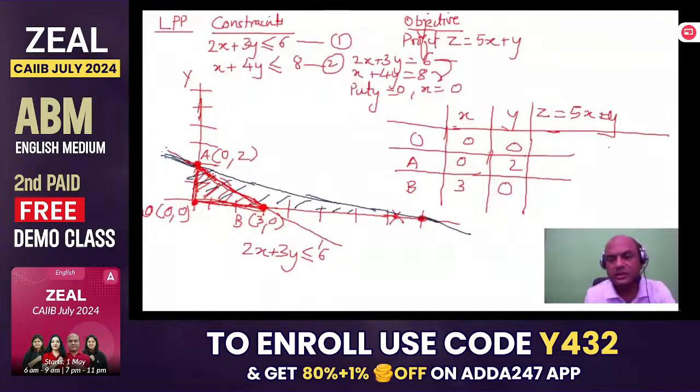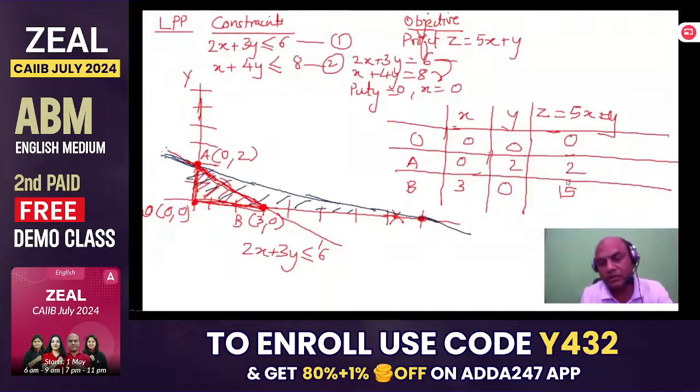Now start solving this. Put the values of x and y. So z equals 5 into 0 plus 0, which is 0. Here z equals 5 into 0 plus 2, so the answer will be 2. Here z equals 5 into 3, 15, plus 0. So the answer will be 15.